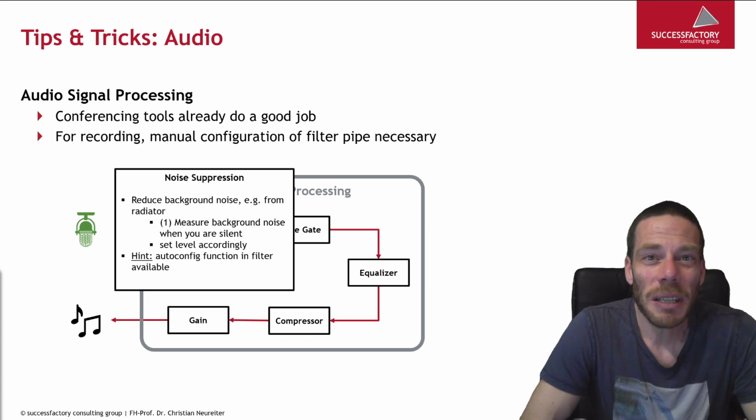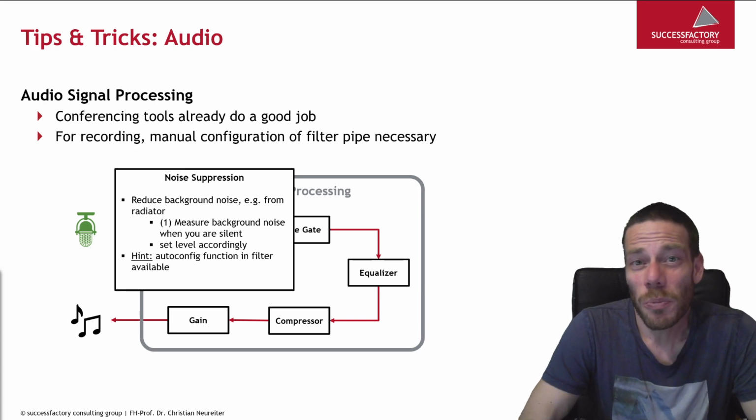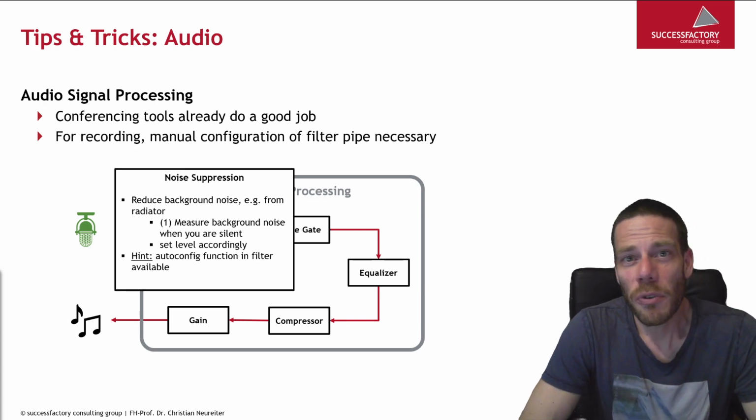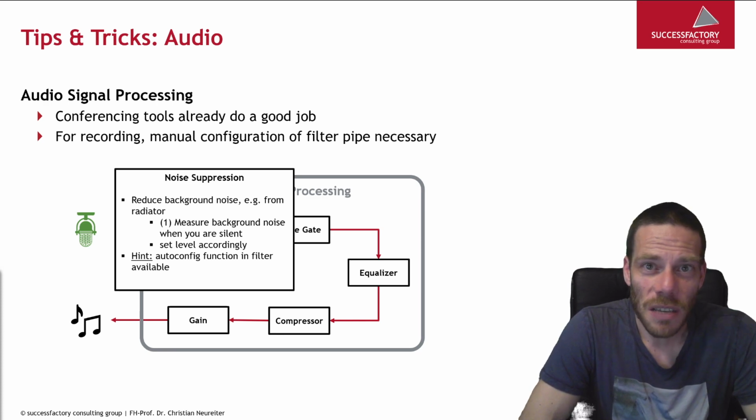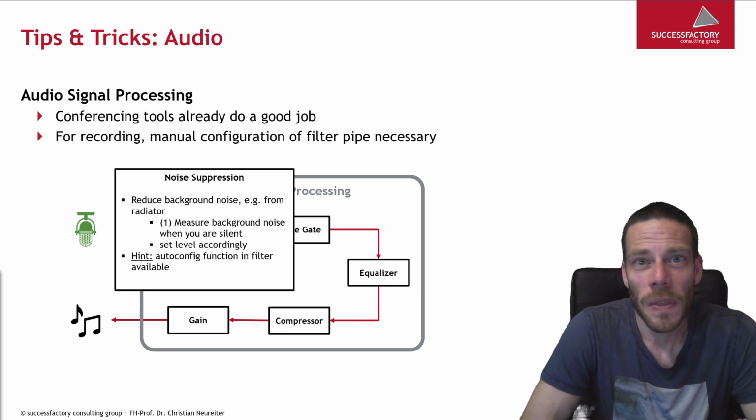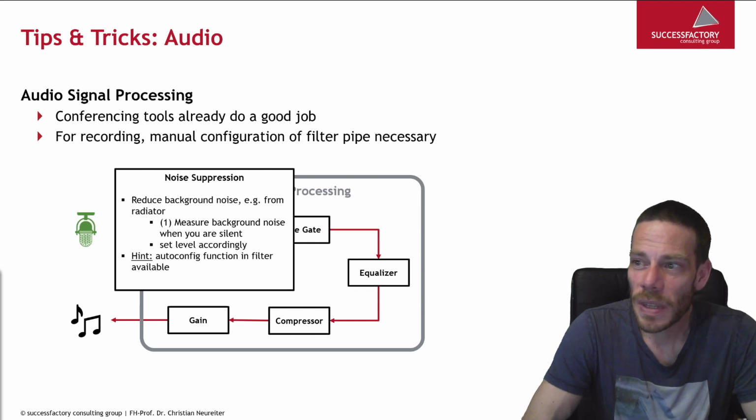So basically this filter tries to remove the steady noise that you have in your background. And typically you don't need to configure it on your own. Rather, these filters have a pretty cool functionality that they record the noise and then keep this signal in memory and use it as a baseline for subtracting noise from your signal.